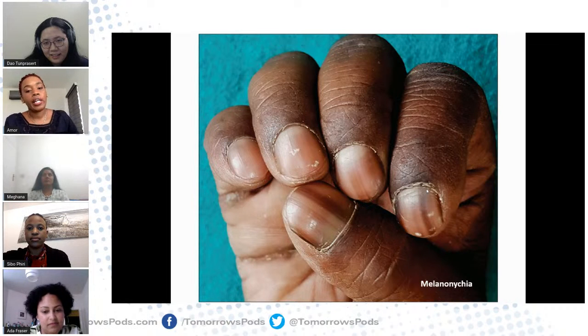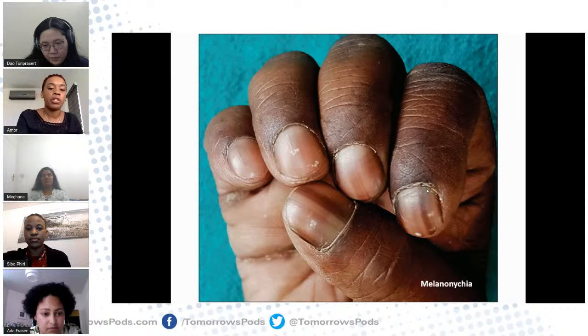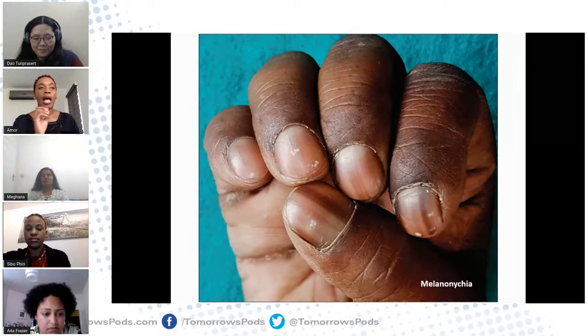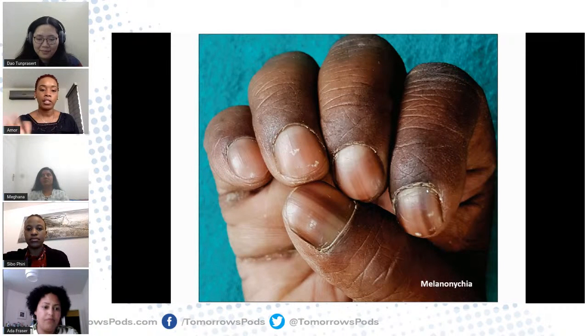If I just interject here, one of the things, especially in darker pigmented skin, that I have found is that sometimes I will see something that looks very similar to this presented in the toes, and it's perfectly normal. It's just part of the natural aging process in darker complexion, similar to the photo I was showing you earlier, where they get hyperpigmented spots on the soles of their feet and the palms of their hands.